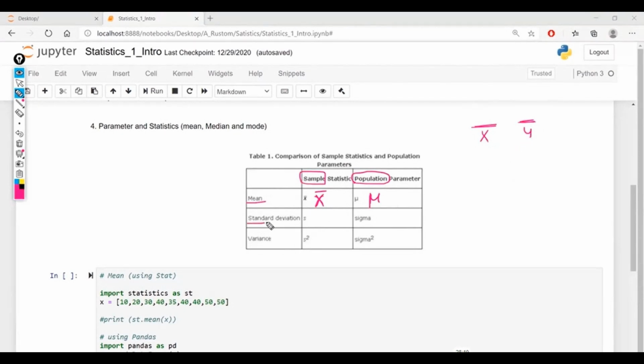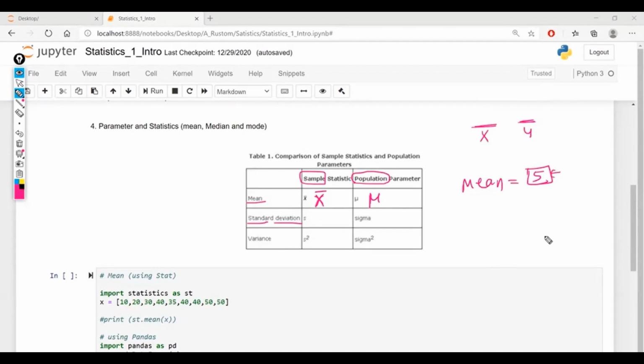And what is standard deviation here? We'll talk about standard deviation. We know this mean, and suppose we got some number here, say 5, just to assume that we got a mean equal to 5. Standard deviation basically tells how much data is deviated from this mean.